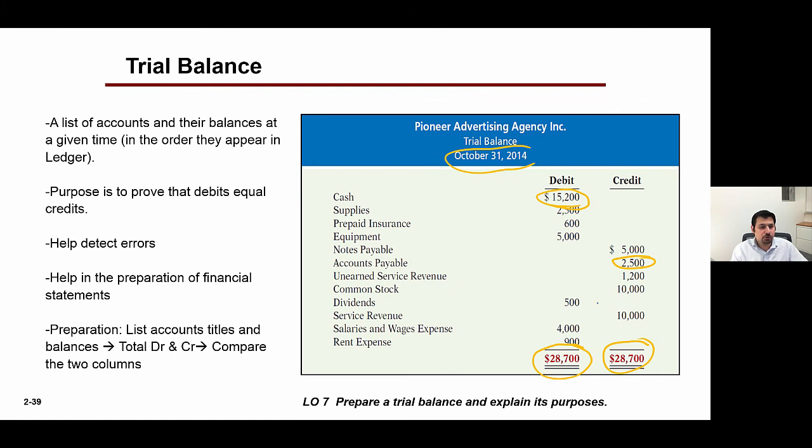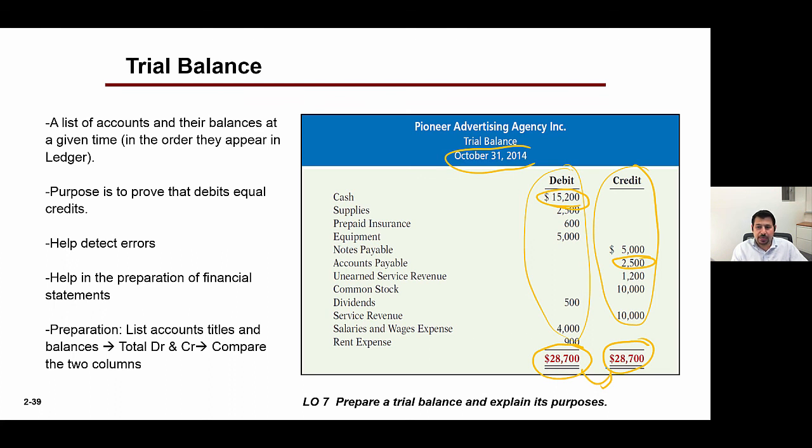And if they are not equal, it simply means that we have made a mistake. So first thing you do is you list all the accounts, then you add up the debits and you add the credits, and you compare the two numbers. They must be equal. In other words, the trial balance proves the mathematical equality of debits and credits after posting.